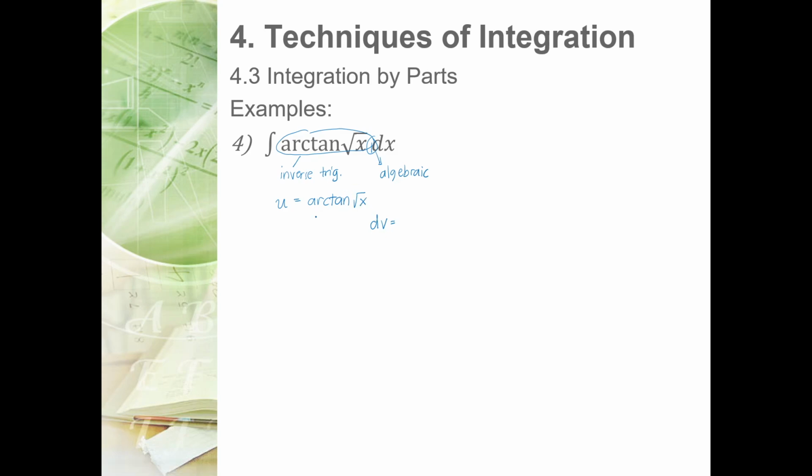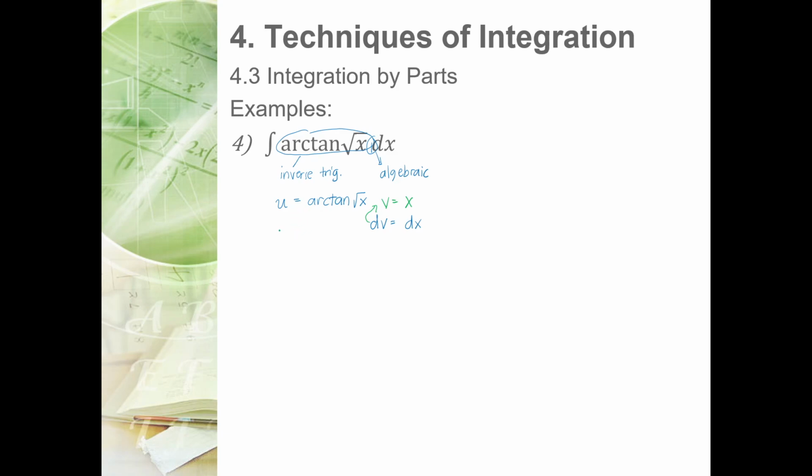Okay, so this one is dx. So getting the integral for this would give us just x variable. So how about for the derivative of arctangent x?